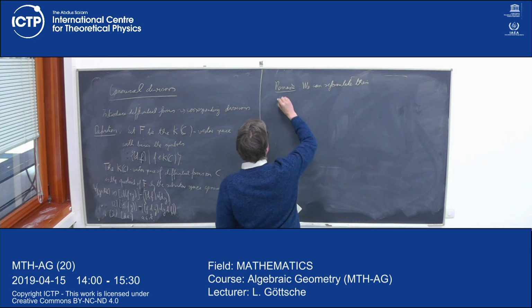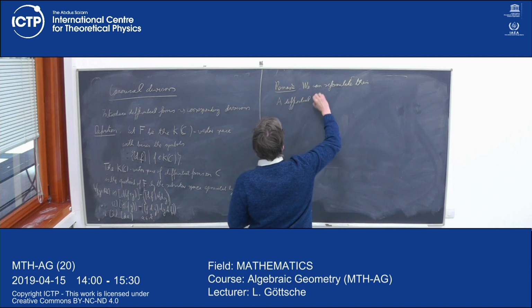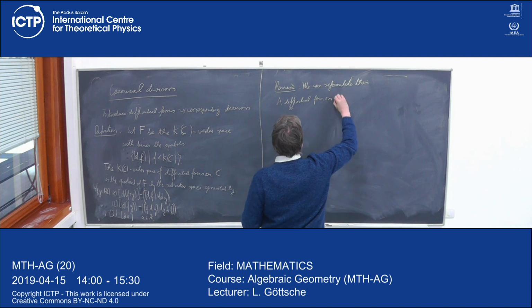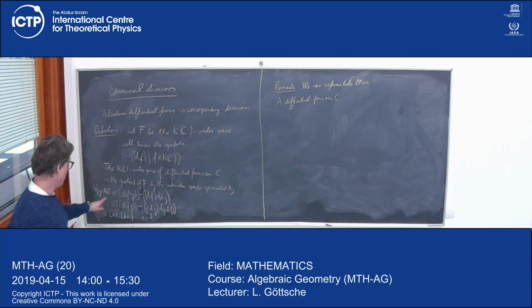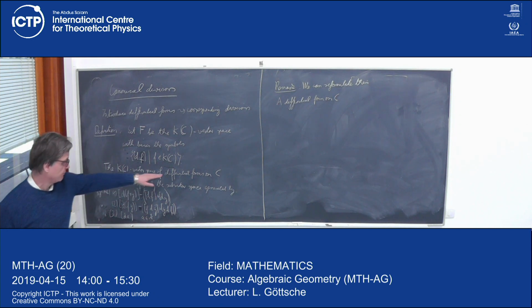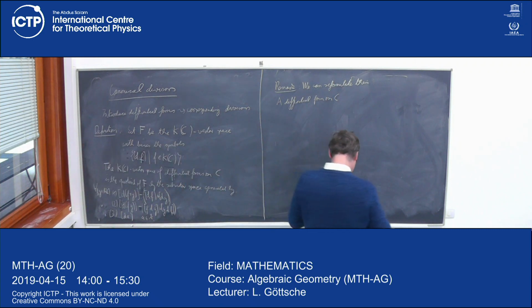A differential form on C, which is an element of this vector space on C, is a finite linear combination.